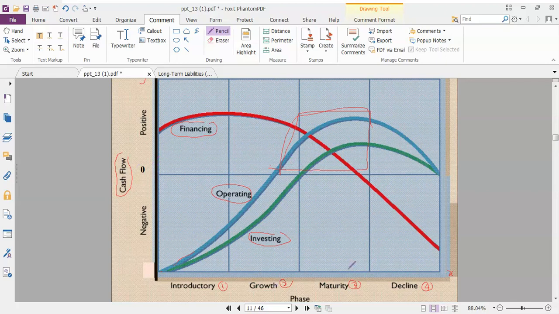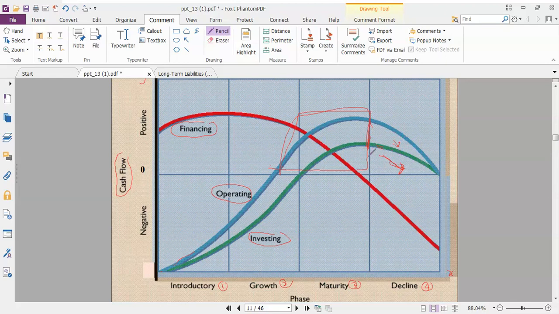So under the growth and maturity phases, our cash flow will be positive and increasing, for operating and investing. But when the product is under the decline phase, our cash flow is decreasing. Look here, our money for operating and also investing activities is decreasing.